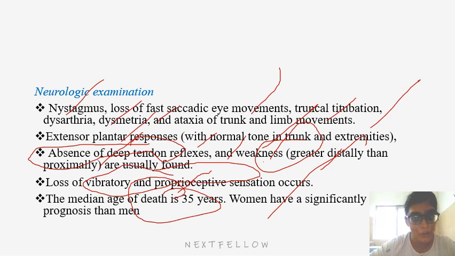Saccadic movements I told you, right? Truncal titubation is most commonly seen in cerebellar lesions. Dysarthria, dysmetria, again cerebellar lesions. Each and every line, if you understand the differential diagnosis and pathophysiology of the symptoms, you will be in a better position than your counterparts who are giving the exam. You will be better among the rat race.